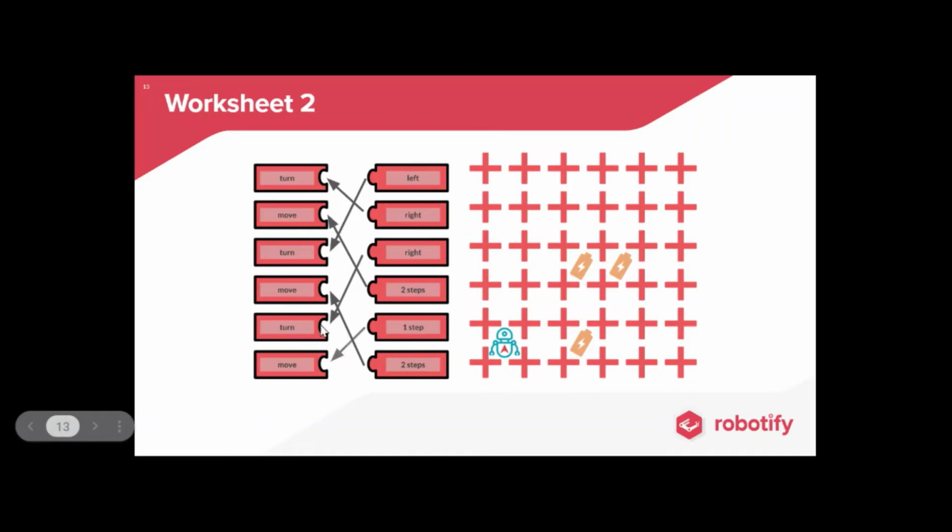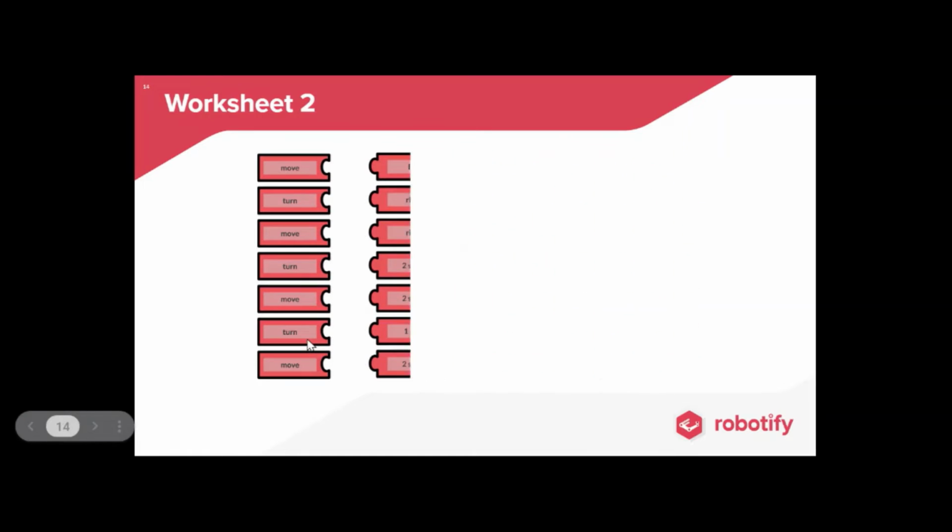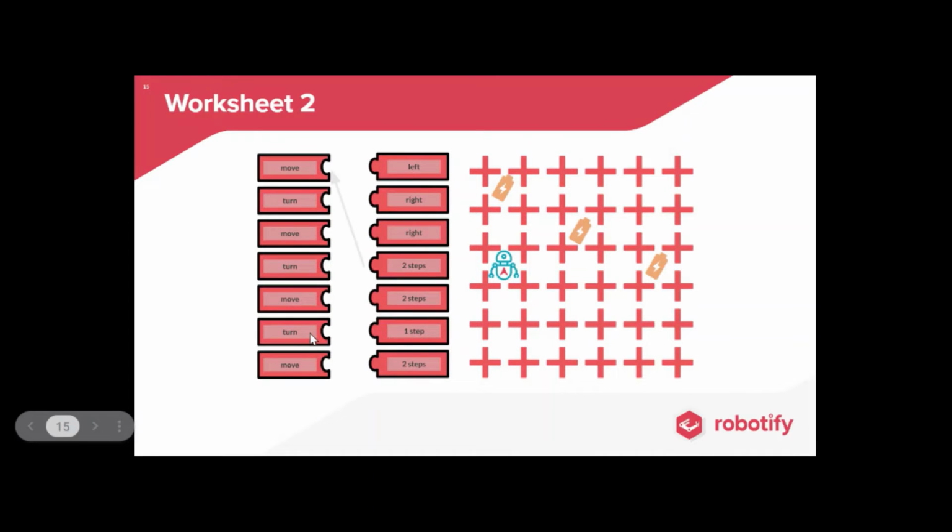And then over here he needs to turn right. Turn left, sorry, turns left, and then he moves 2 steps. You get the message, you get the idea of what you need to do here.